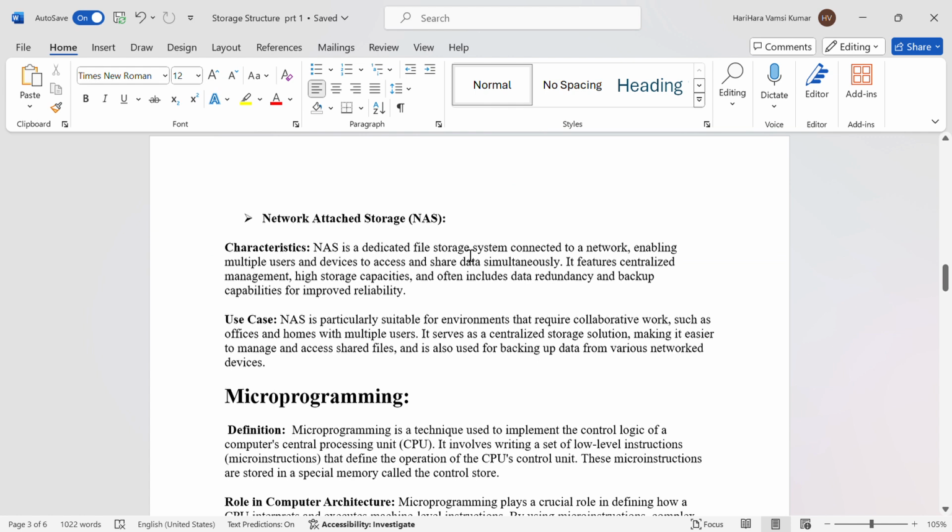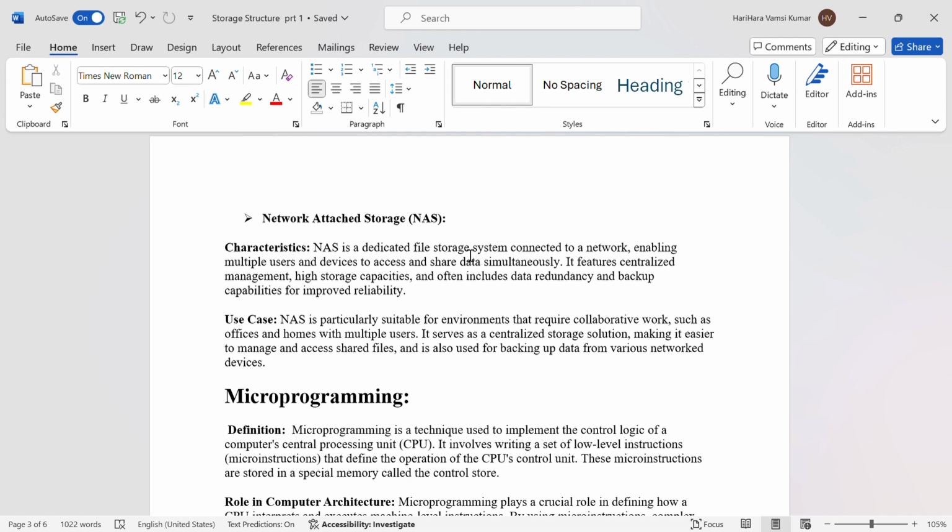Network attached storage, NAS. Characteristics: NAS is a dedicated file storage system connected to the network, enabling multiple users and devices to access and share data simultaneously. It features centralized management, high storage capacities, and often includes data redundancy and backup capability for improved reliability.